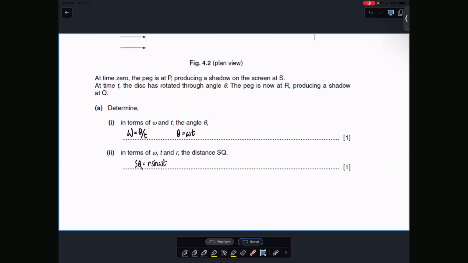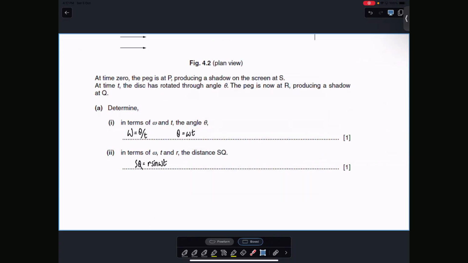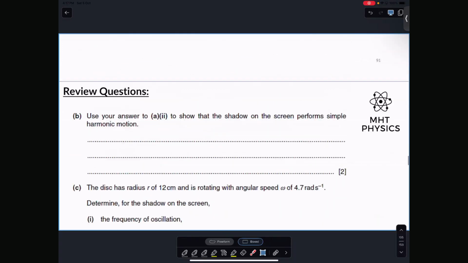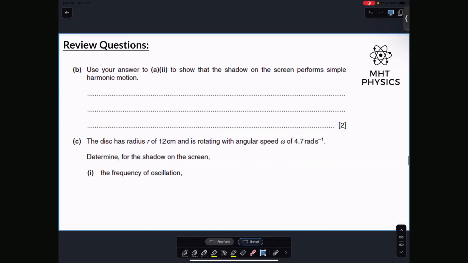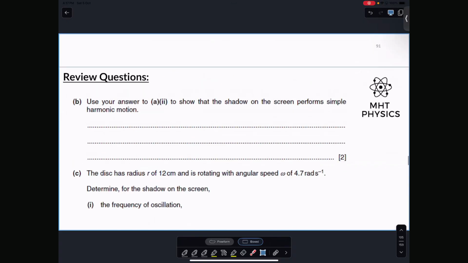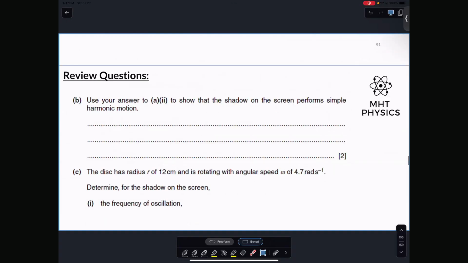Right, so these are two expressions that we found so far. Next question. It says, use your answer in A2 to show that the shadow on the screen performs simple harmonic motion. So using this answer, can you tell me how we can prove that the object is undergoing simple harmonic motion?